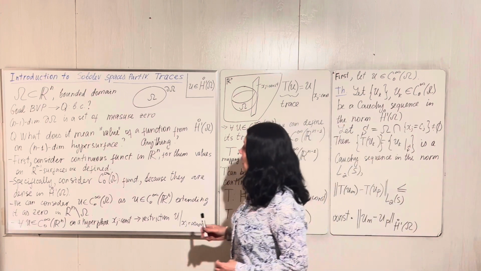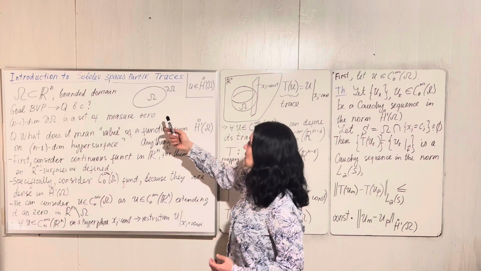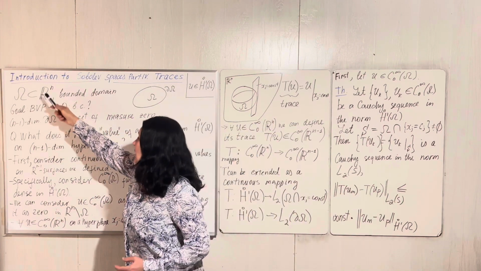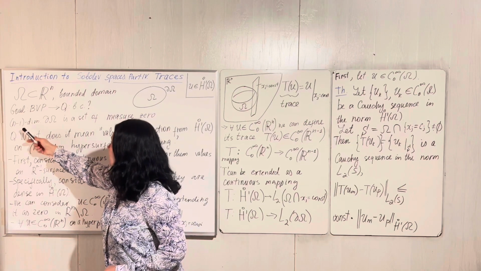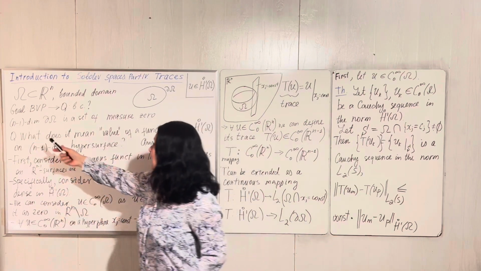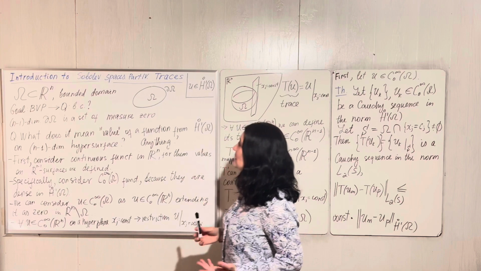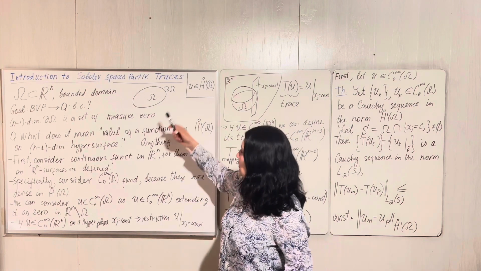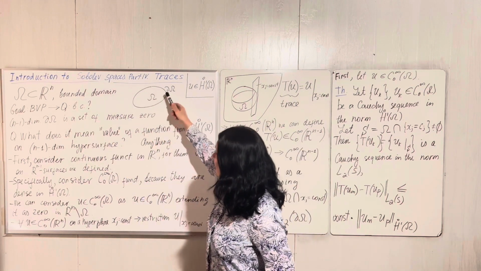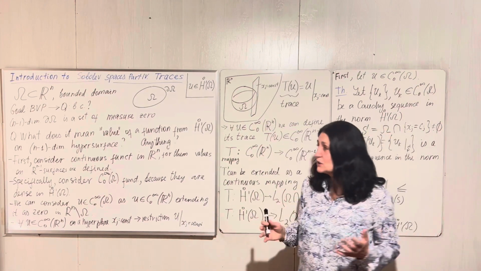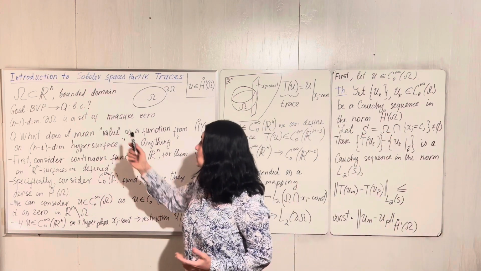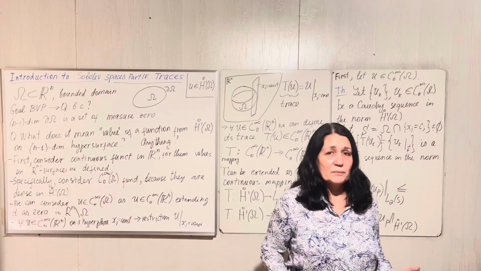And if we have L2 functions in, say, Rn, and then we want to talk about their values on an n-1 dimensional set on the boundary, then compared to our original space, this set would be a set of measure 0.